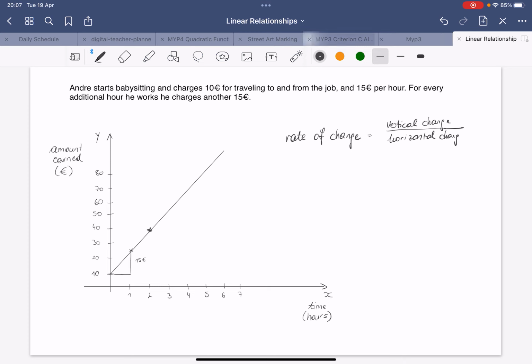So what is my vertical change here? Vertical is this one. So my vertical change here is 15 over horizontal. My horizontal change was 1. So in this case, the rate of change is equal to 15. That's the rate of change.